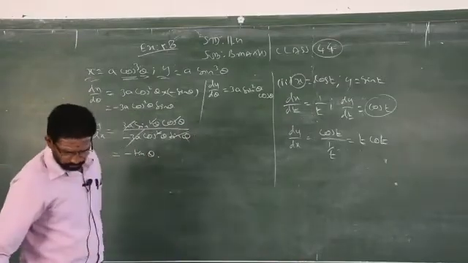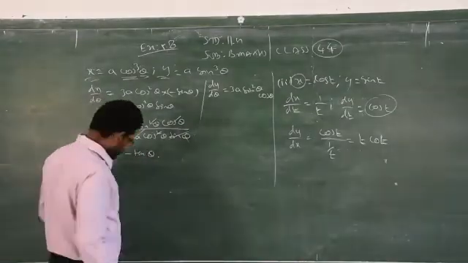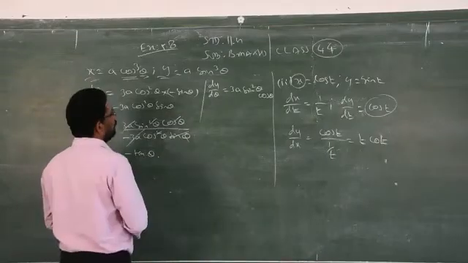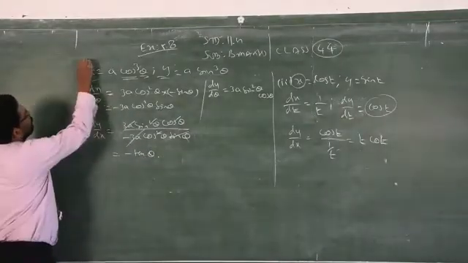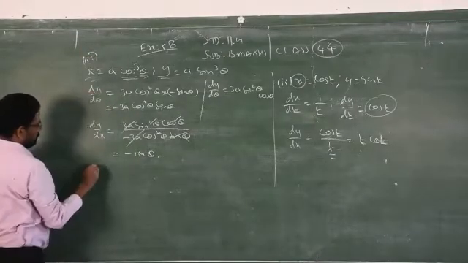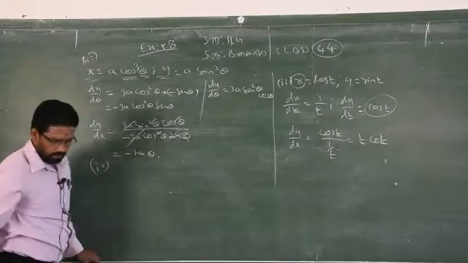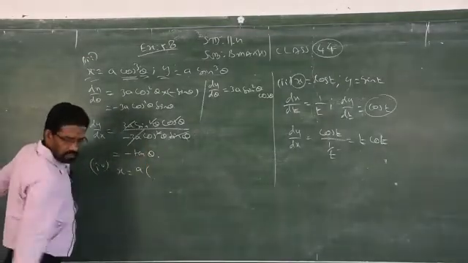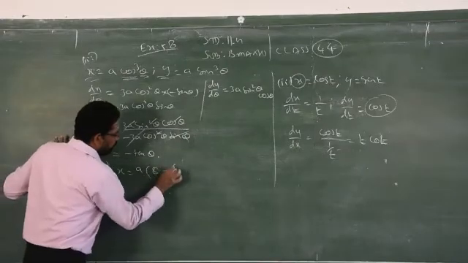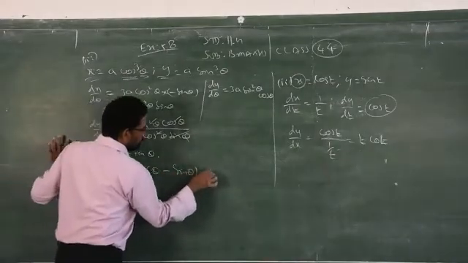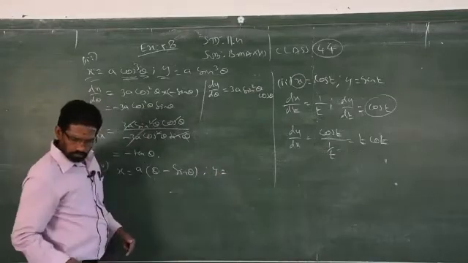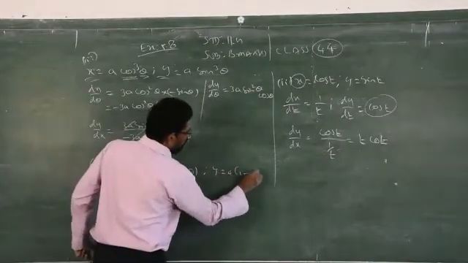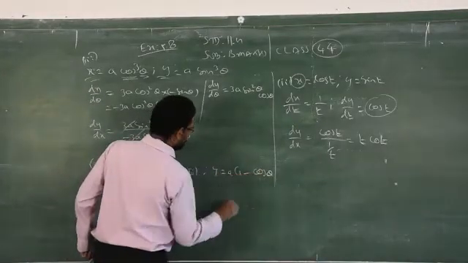Now sum number 4 you take as homework. I will give only a little hint. This is sum number 3. The fourth one I will give a little. The derivatives you find, the final answer at home. Y is equal to a 1 minus cos theta.